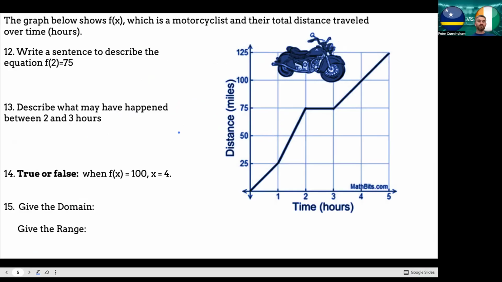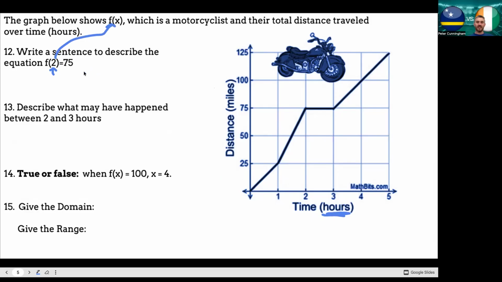Okay, on that same theme, I suppose, what is the 2 representing here? Is the 2 the distance or is 2 the hours? Well, go to, this is replacing the x. And on the x-axis, we have time.